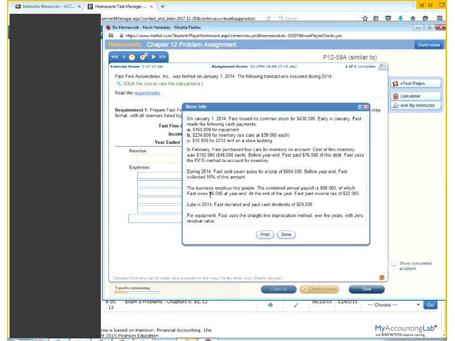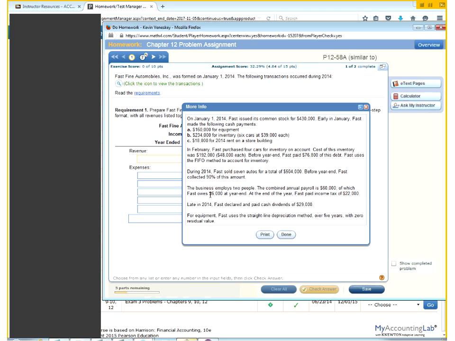But how that's separated out for when I do it in FIFO, 6 cars at $39 each, I'm going to need to see that. So I have inventory on my books of $234,000, and subtracting out the cash, because these were all cash payments. So I'm going to need to update my cash. And then I also paid rent, so that would be a rent expense of $18,000 for the building.